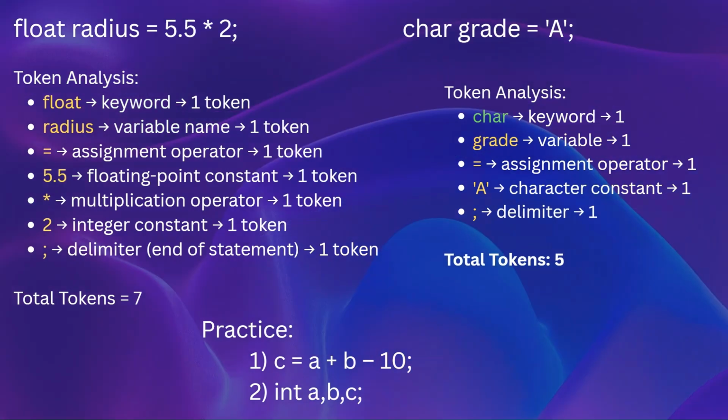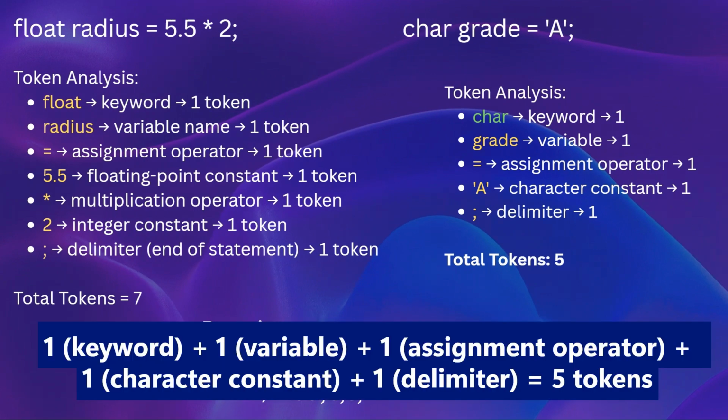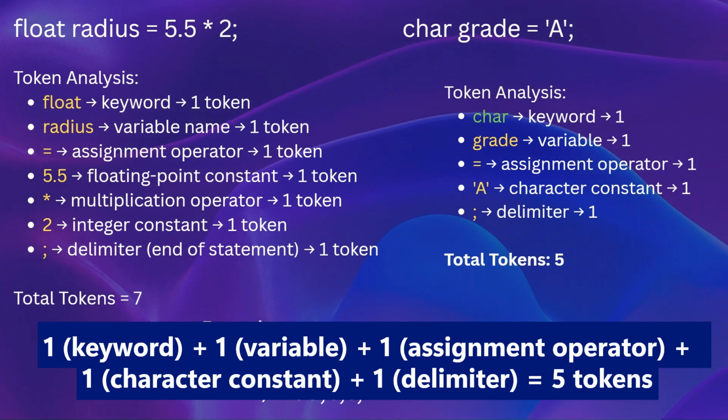And semicolon is a delimiter. So in total: char 1, grade 2, equal sign 3, 'a' in single inverted commas 4, and semicolon 5. So in total we have 5 tokens.